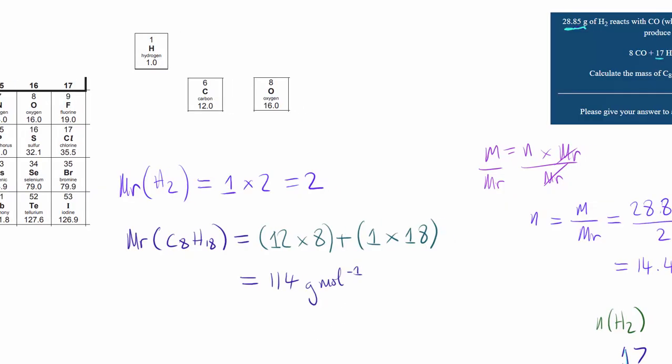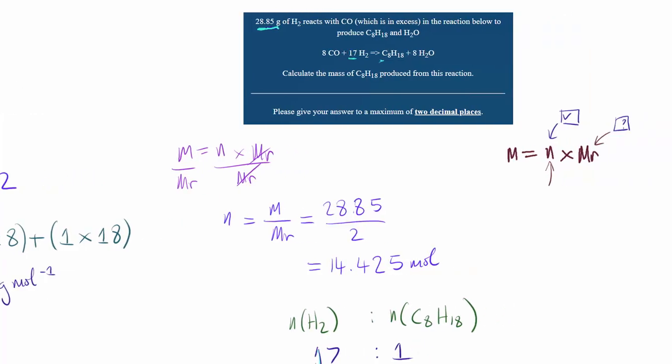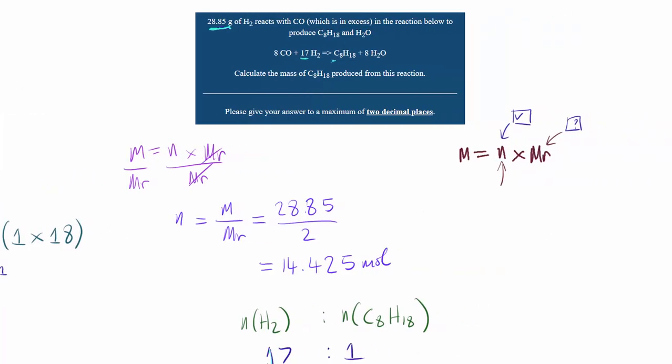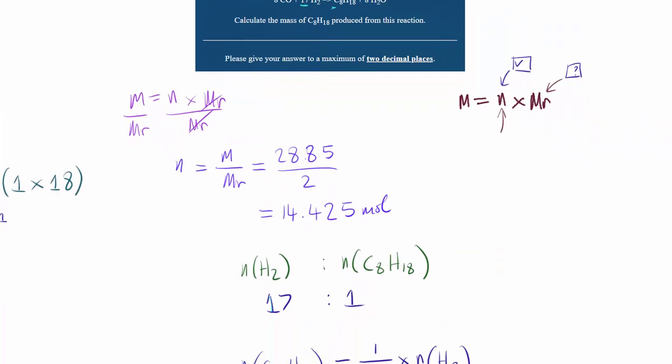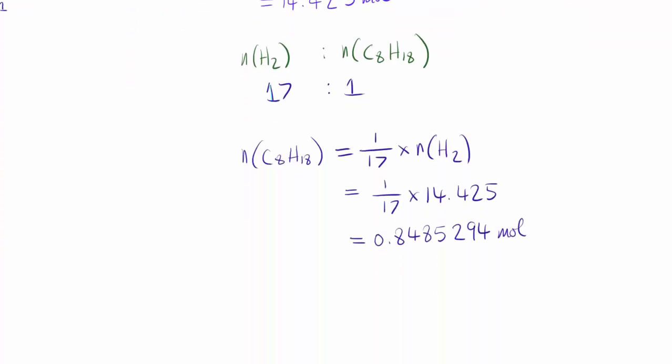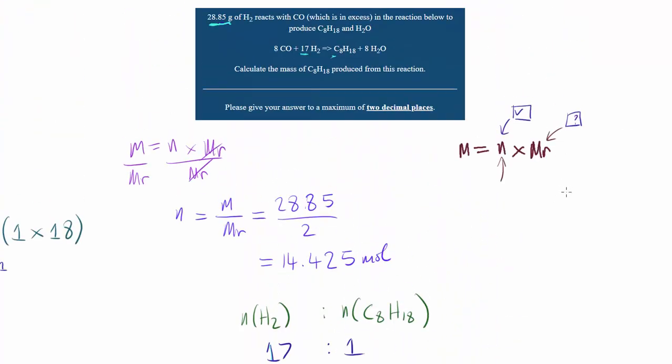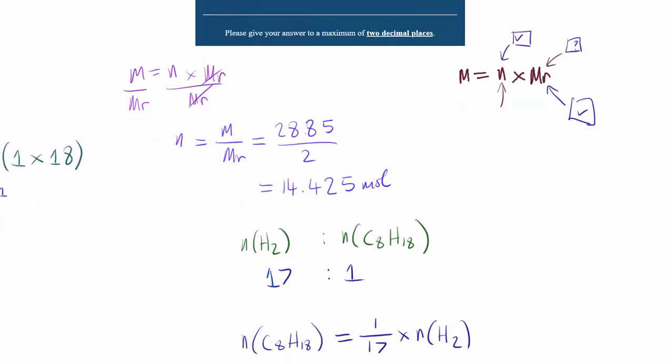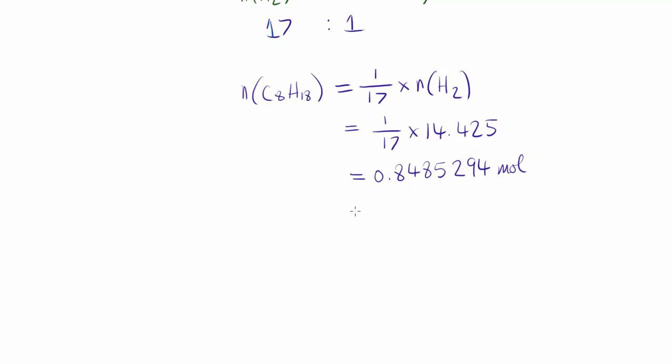Okay, so we've worked that out. What we also need is, so we have both of these now. We had this worked out before, and this is also worked out. So we just need to plug in the values and multiply them by each other, and we're going to be able to get the mass.